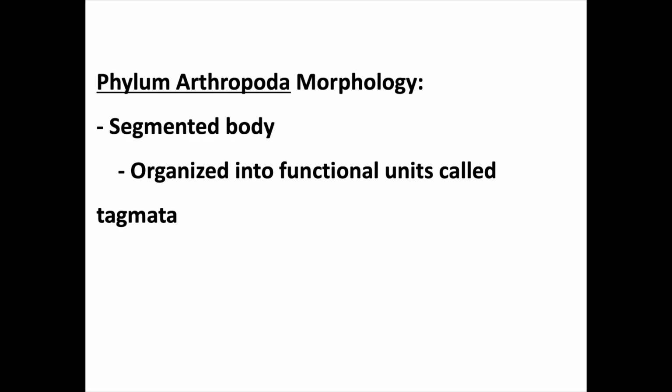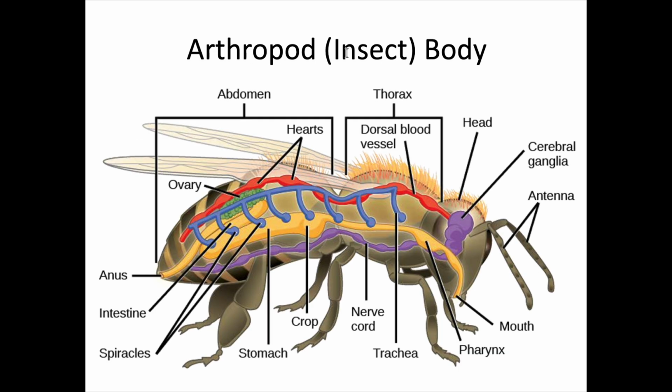Another important thing is that their body is broken into segments called tagmata. So they have a segmented body organized into functional units called tagmata. Now, we've seen segments before. Just a little while ago, we were talking about segmented worms, annelid worms, but the difference here is that these segments can take on distinct functions. So here's the head, which has the mouth and the feeding apparatus and the sensory organs.